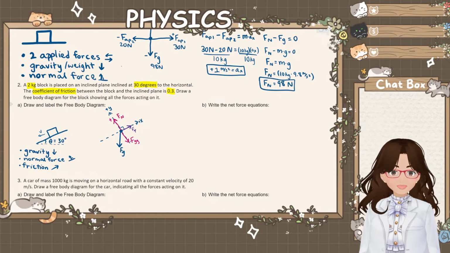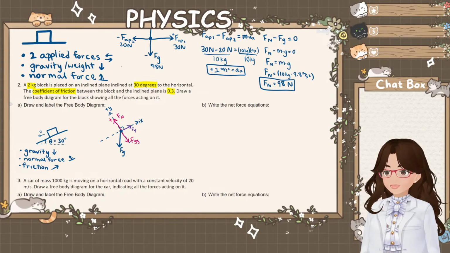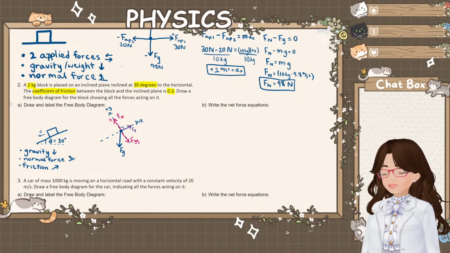Again, we're not sure what kind of friction this is. It could be kinetic or static. In this case, I think I'm going to assume that it is static because it doesn't necessarily tell us that it's moving. It just says that it's placed on there and there's friction between the block and the plane.